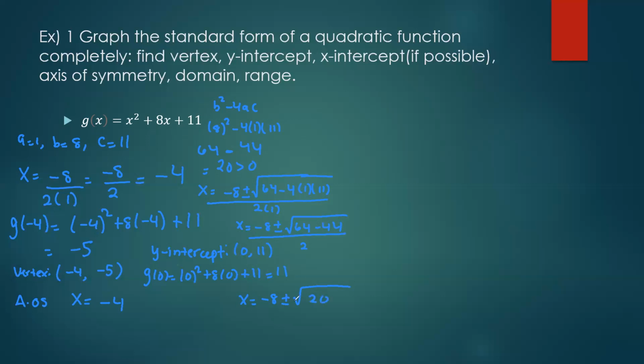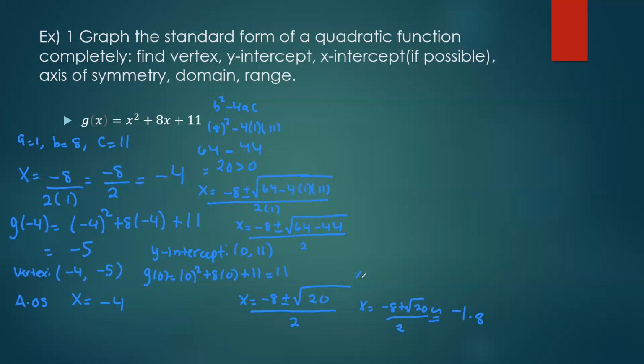That's square root of 20, all over 2. Now I don't want to simplify, I actually need a number, so your first x-intercept would be -8 plus radical 20 all over 2, which is -1.76. So really it's just like -1.8.